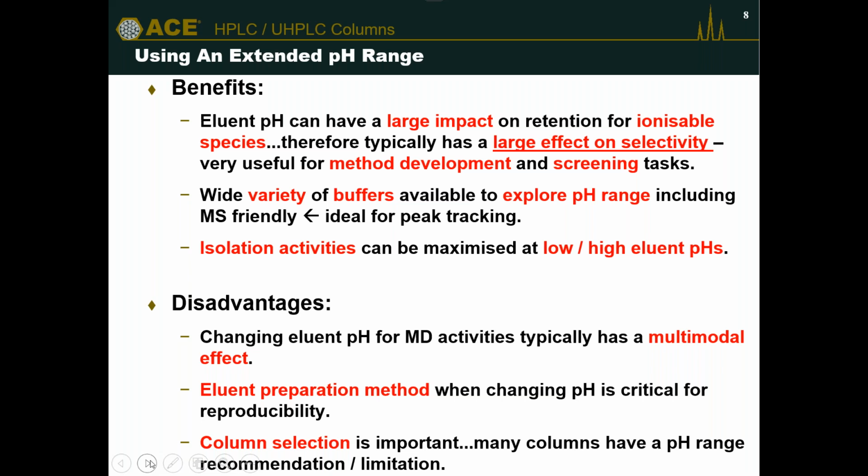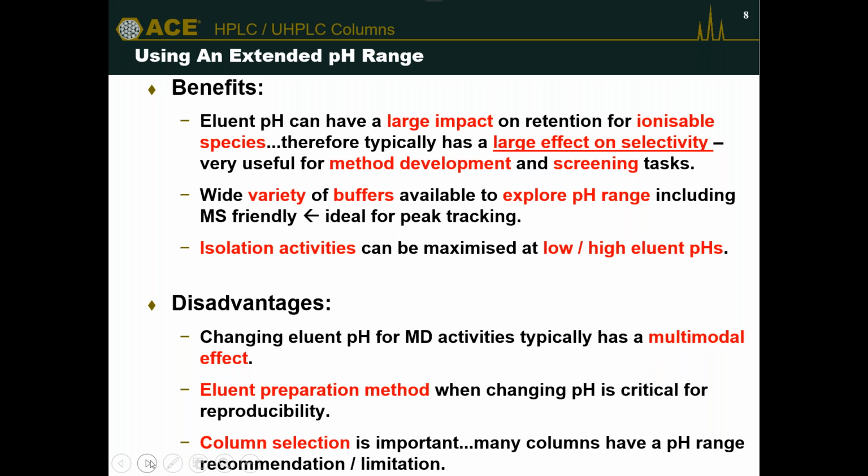The pH effect sometimes is not as linear. You also have to make up buffers, and that takes time. We need to be consistent, and therefore maybe it's easier sometimes as an analyst not to try 3 or 4 different pHs, because I then don't have to make up 3 or 4 different buffers.